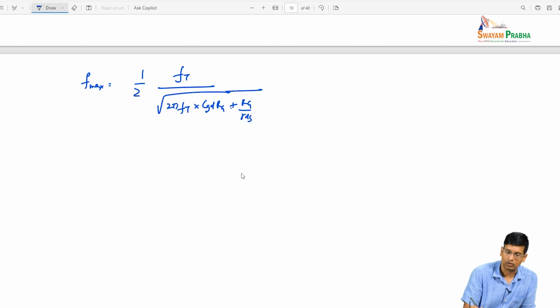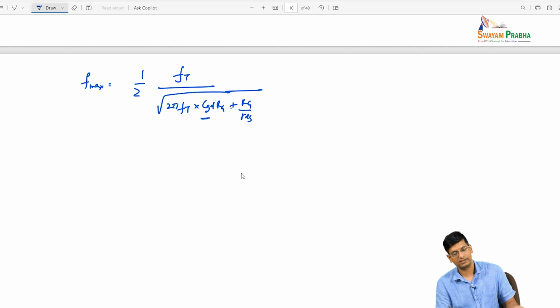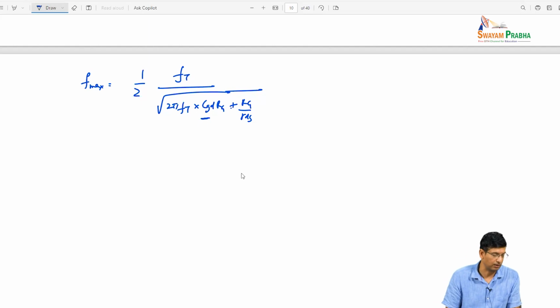Since it is constrained by CGD, there is a lot of interest in trying to find a way to basically remove CGD, improve fmax, and it also improves the stability of the device.